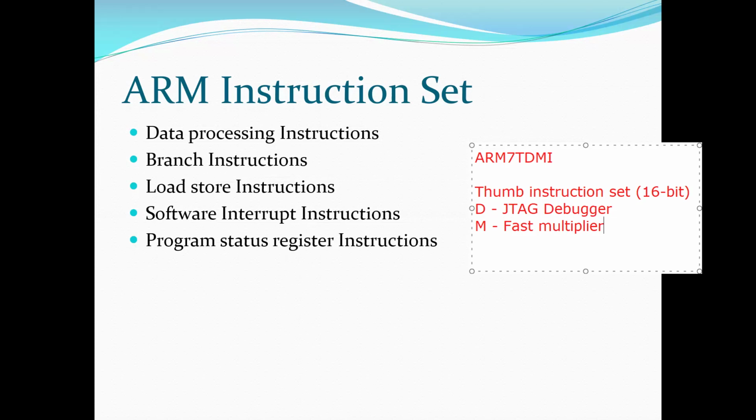So more clock cycles are needed. That can be reduced by using a fast multiplier, which gives up to a 64-bit output, or only the lower half of your result, which is 32-bit width, within one clock cycle. That is the advantage of the fast multiplier.